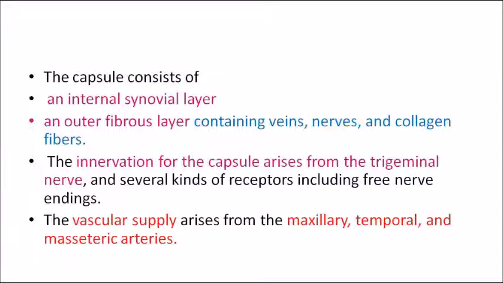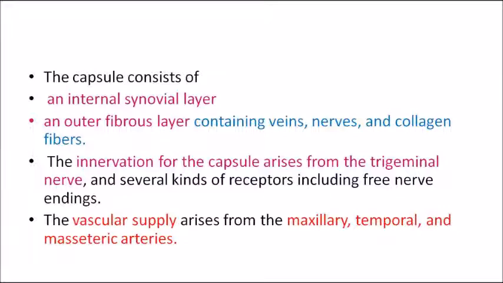Now the innervation for the capsule arises from the trigeminal nerve. So it is the fifth nerve which supplies the capsule, and free nerve ending receptors are also there. The vascular supply to the capsule arises from the maxillary, temporal, and masseteric arteries.